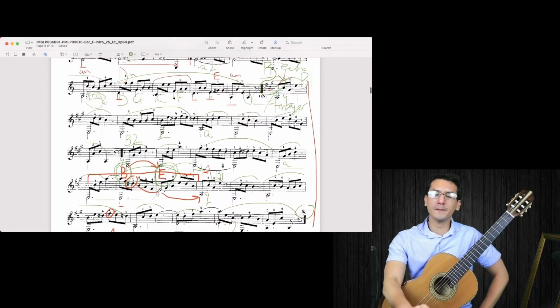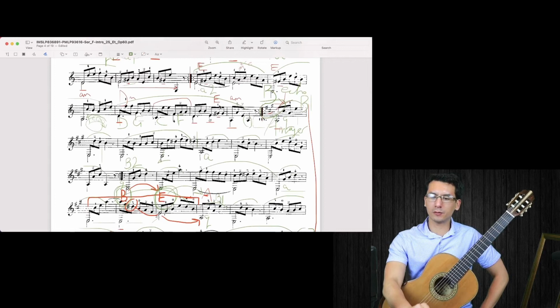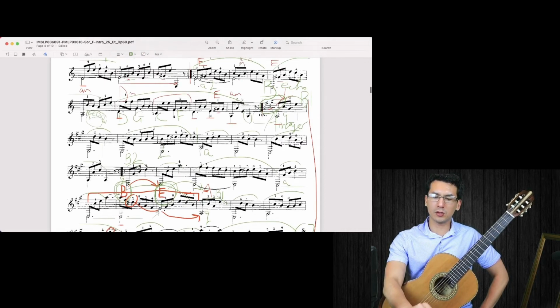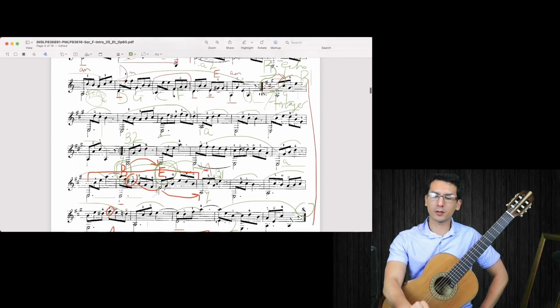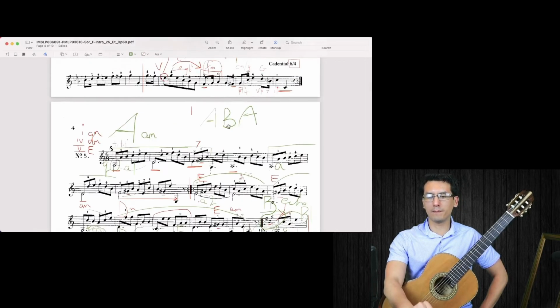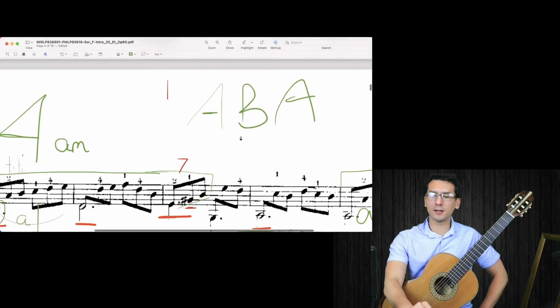So now this is an interesting little feature as well in the B section. We went B1, B2, and then we saw a return of B1. There's a repeat sign here which takes us back to the start of B2. So the B section, this is called nested form. The B section, we go B1, B2, brackets, B1.